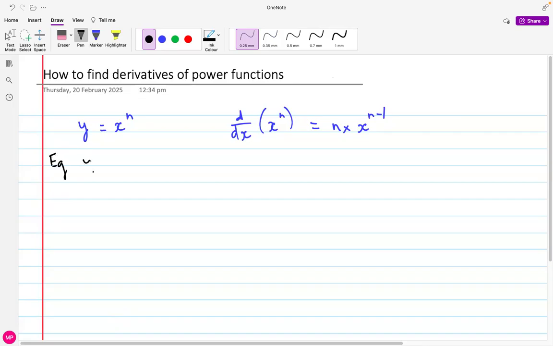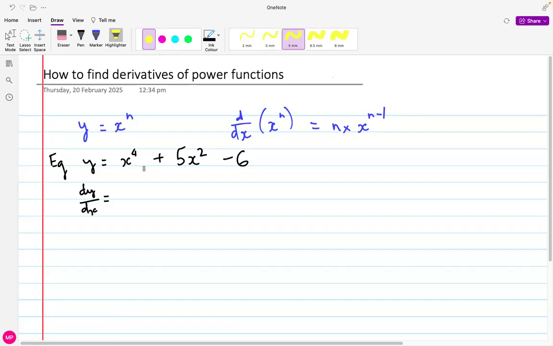Let's say this time I have y equals x to the power of 4 plus 5x to the power of 2, something like that, minus 6. So to find the derivative dy/dx, you can see x to the power of 4, basically that is x to the power of n where n is 4, then I just use the formula.